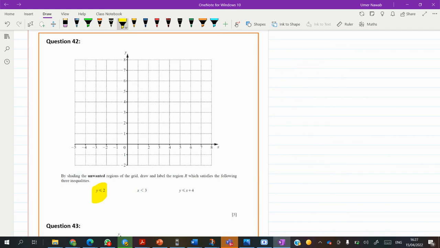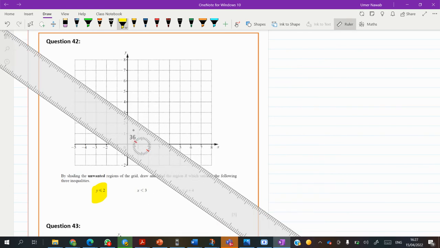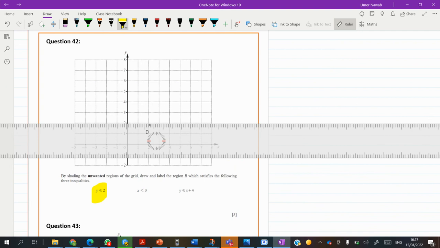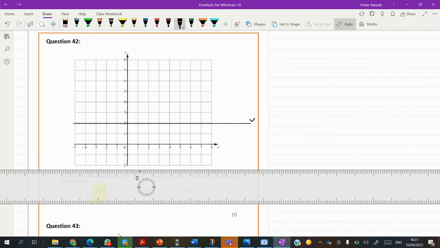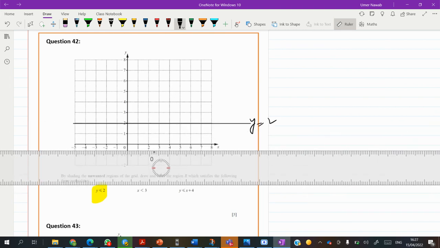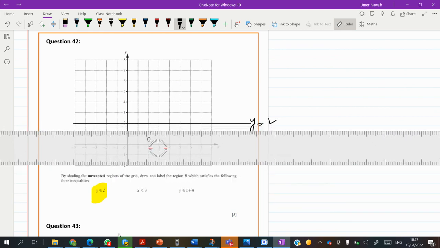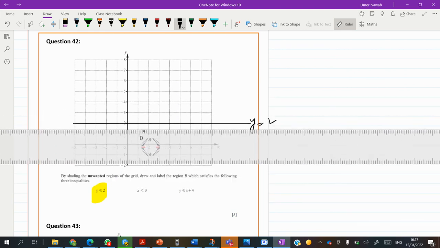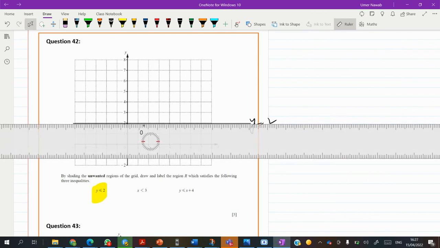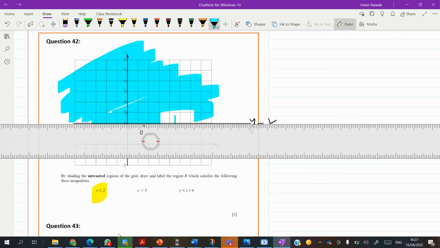Question number 42. y equals 2, this line. It's a solid line, so less than or equal to 2, the downward portion has to be shaded. Okay.